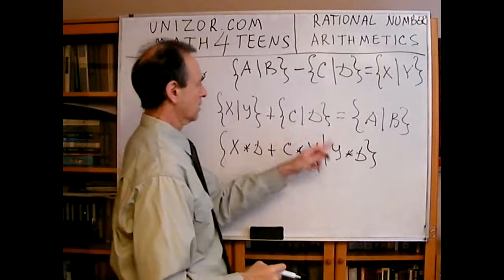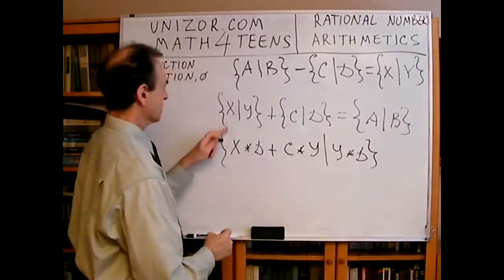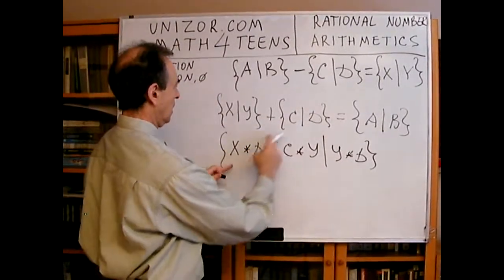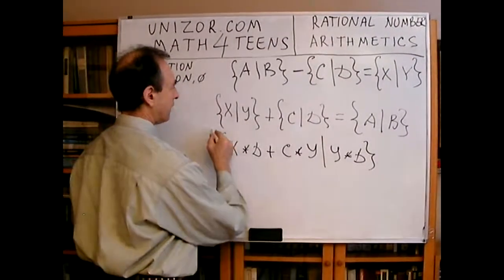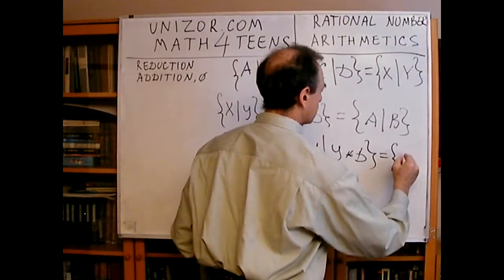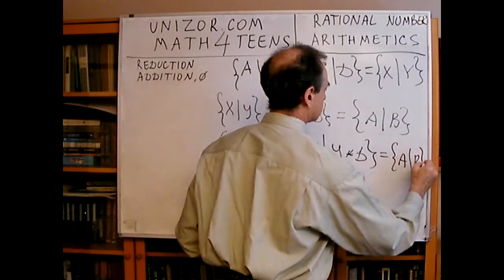Common denominator y times d, x I multiply by d, and c I multiply by y, right? So we have to have this to be equal to A over b.